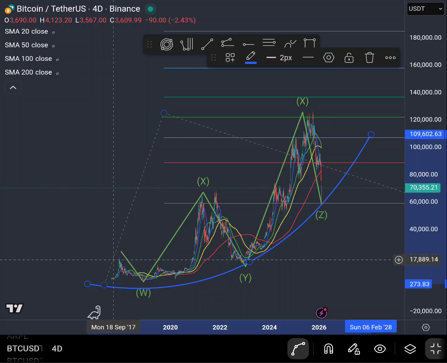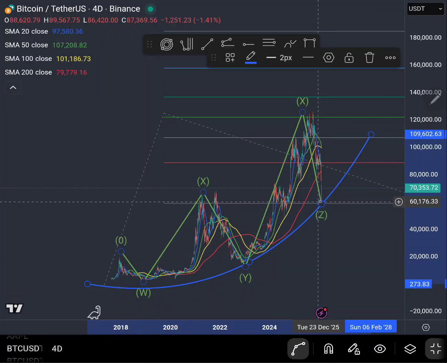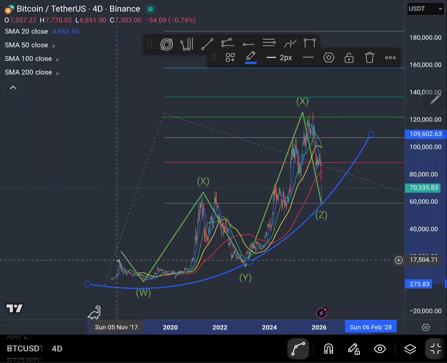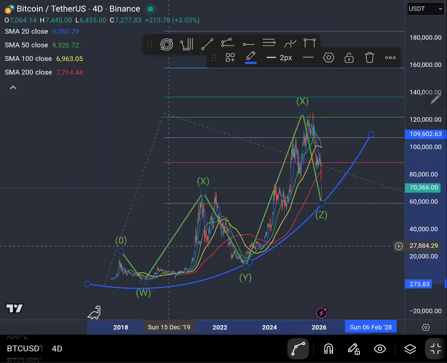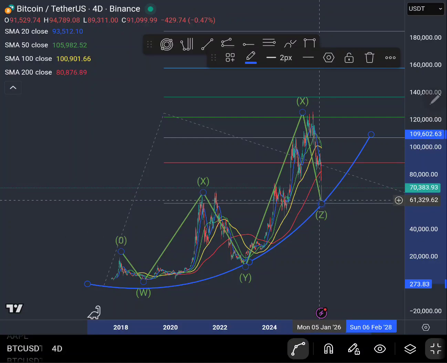So I expect, we got wave 1, we got wave 2, which finished really high, at 60,000. The top of wave 1 was about 20,000. Wave 2 decided to go completely bonkers, and it finished at about 60,000. Where's it going to go next?